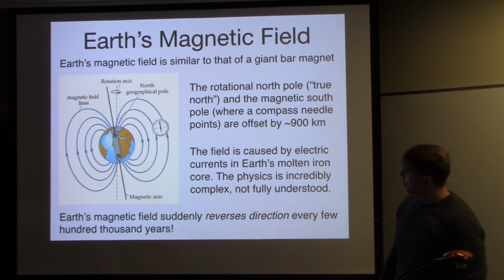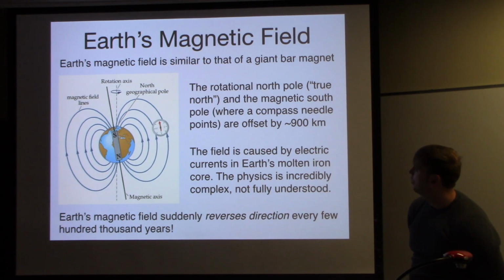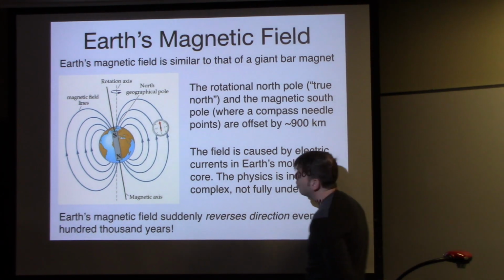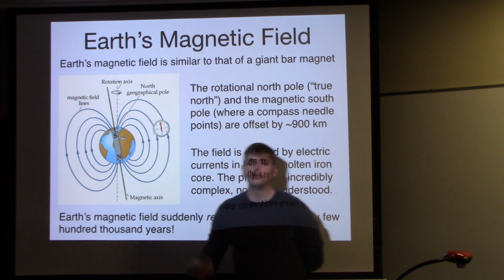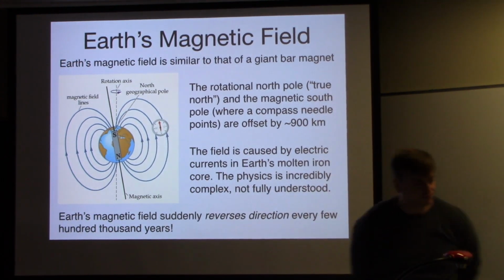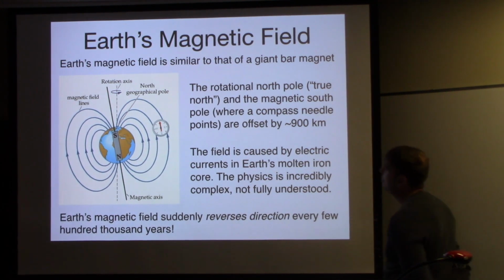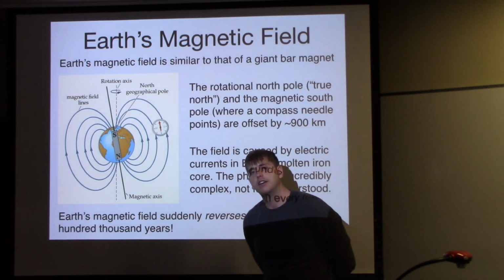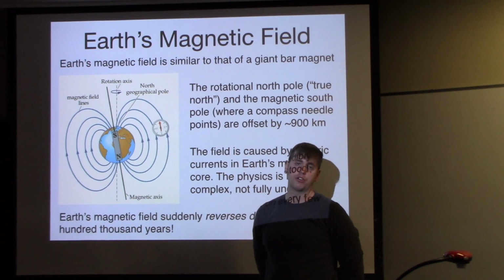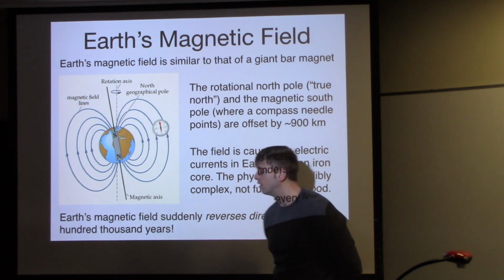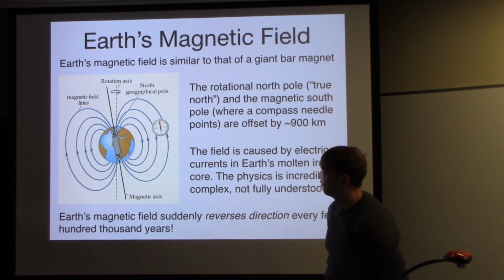Well, to understand what causes the Earth's magnetic field, we have to understand that the core of the Earth is basically molten liquid iron. And when you have a bunch of molten iron flowing around, essentially you have a whole bunch of current flowing in the core of the Earth. And that's the origin of Earth's magnetic field.